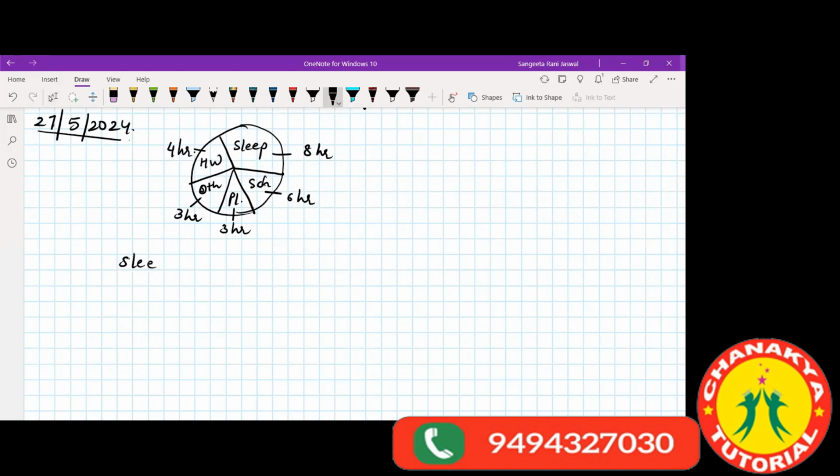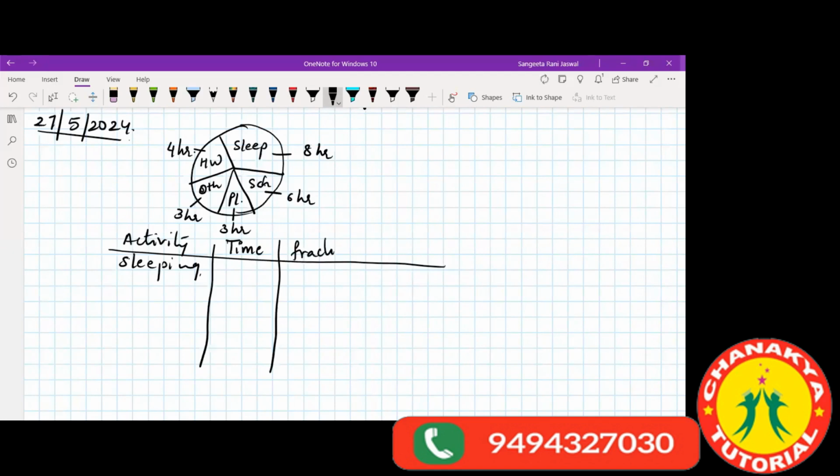First, we'll write here what activity we were doing. Then you have hours, that is the time given to us. Then we will find the fraction of this. Then we will find the central angle of this, right? So one by one, we'll take each and every activity. Please listen carefully.